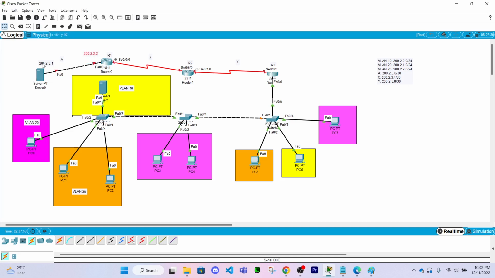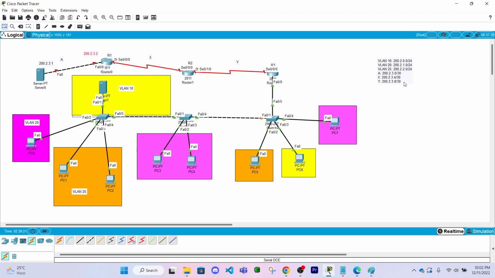As this server and this router are under network A, the IP is 200.2.3.0/30. With the help of this, we find that the IP range is 200.2.3.0 to 200.2.3.3.